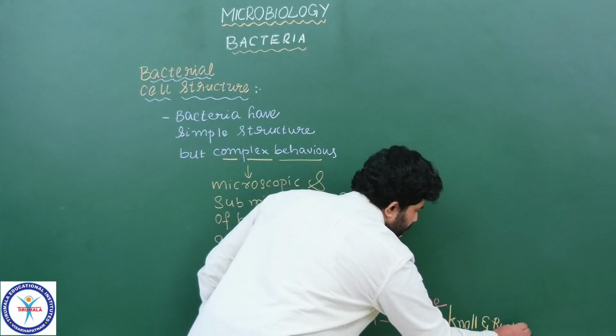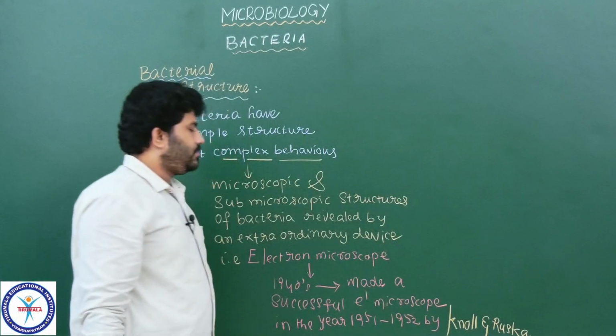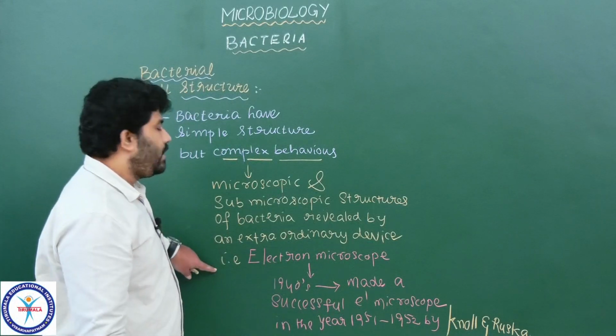You please remember, note down, Knoll and Ruska. These two are the scientists who invented the electron microscope.